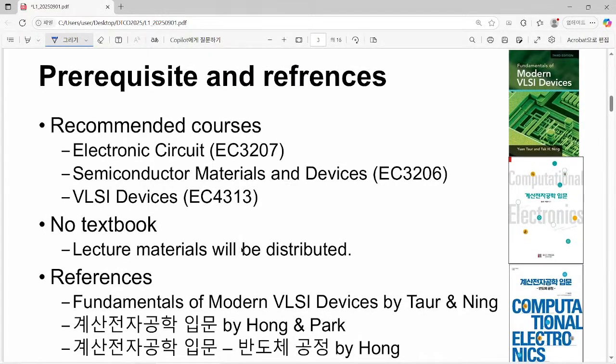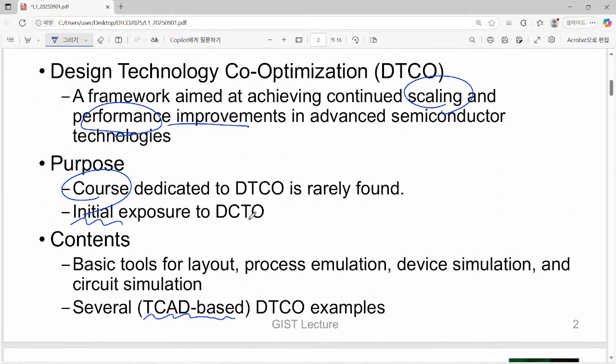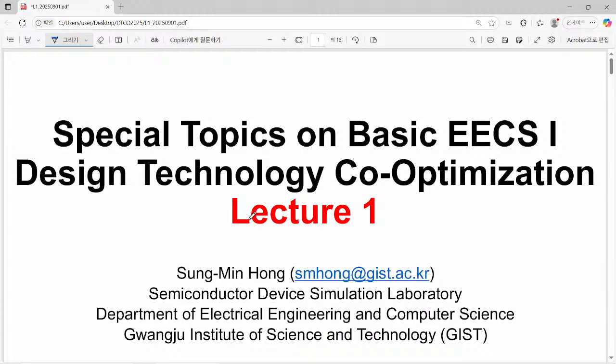This course is actually named as basic ECS, but unfortunately this is not for basic stuff. I think this is one of the most advanced topics at the undergraduate level. Even at the graduate level, I guess this is one of the toughest courses.